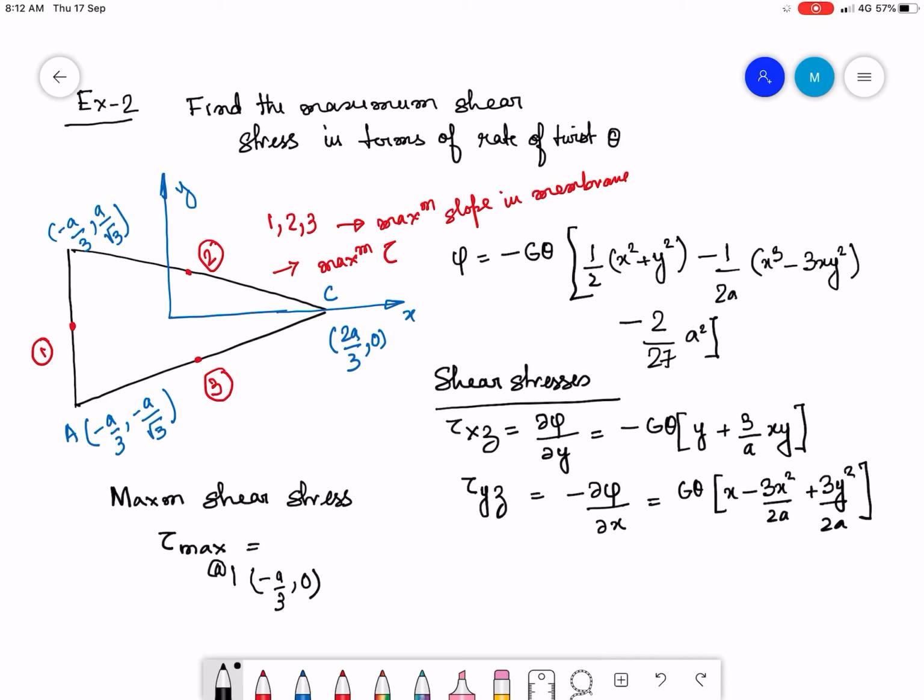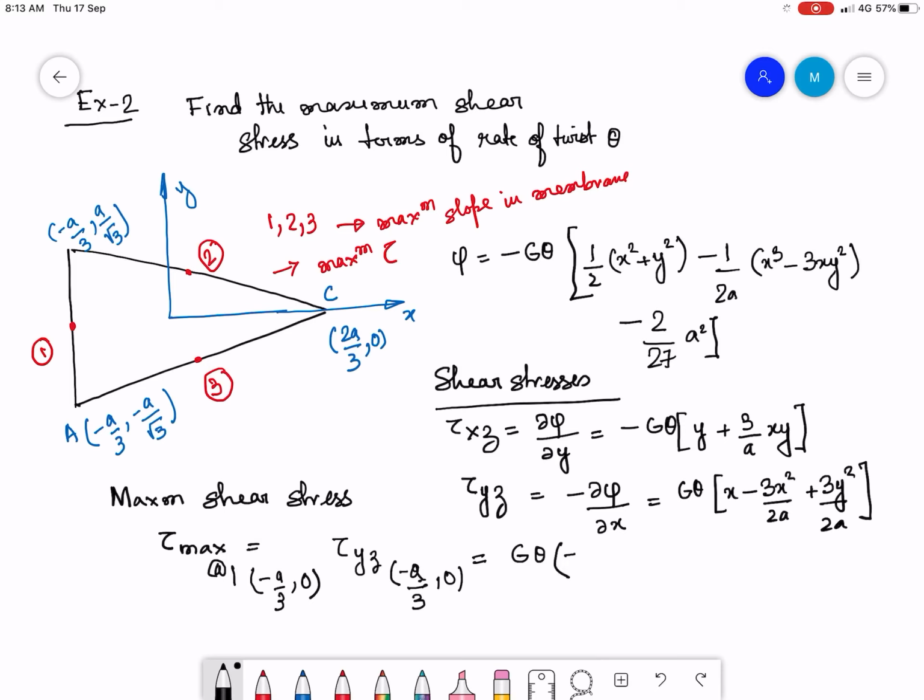So the only shear stress that is there is tau yz. So we are left to find out tau yz at minus a by 3 and 0.